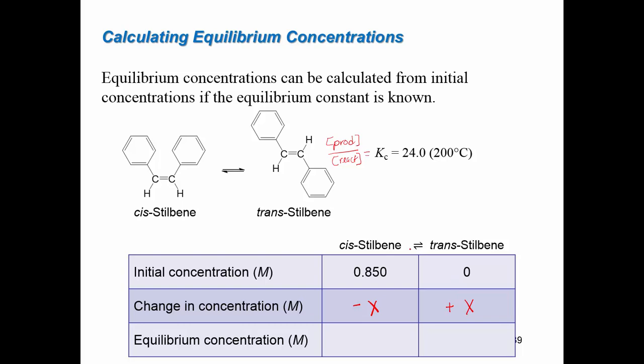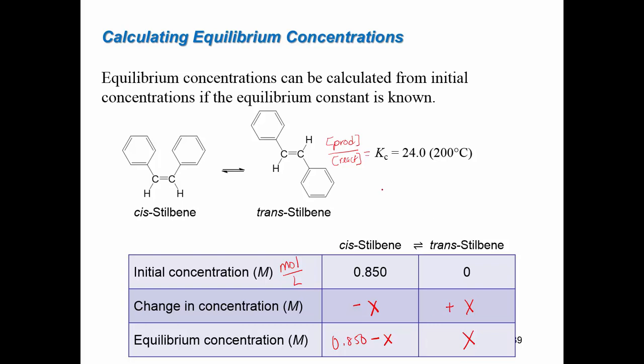My initial concentration is moles per liter, and since my volume is not changing, I can look at this as a mole transfer. So however many moles of my reactants I take away, I'm adding that many moles of my products. So my equilibrium concentration will then be 0.850, my initial concentration, minus x, and then x will be my equilibrium concentration of my products.